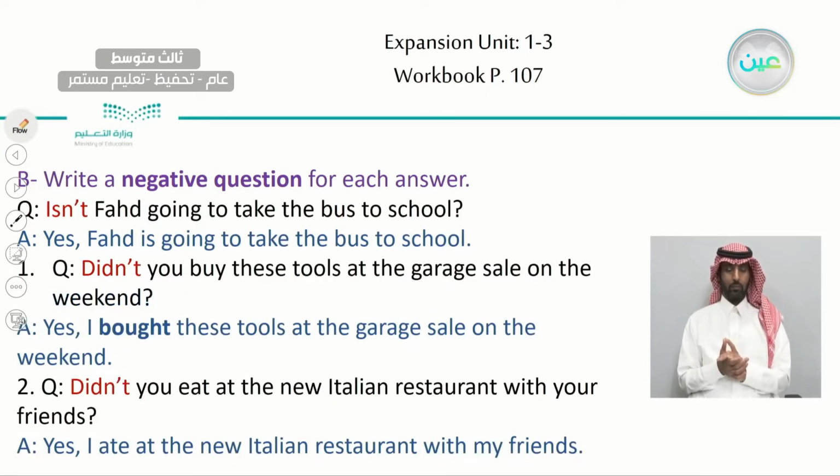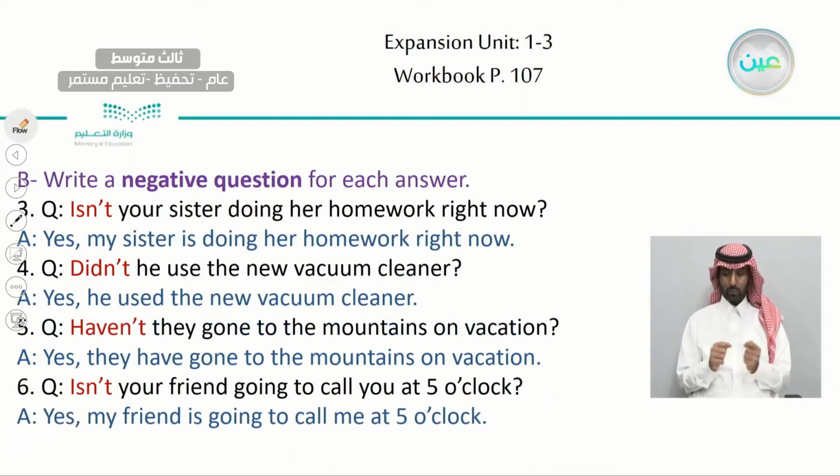So for number 1, didn't you buy these tools at the garage sale on the weekend? Number 2, didn't you eat at the new Italian restaurant with your friends? Number 3, isn't your sister doing her homework right now? Okay, we got this from the answer.